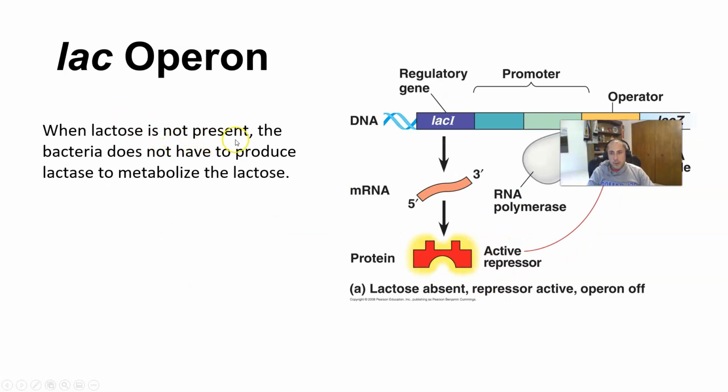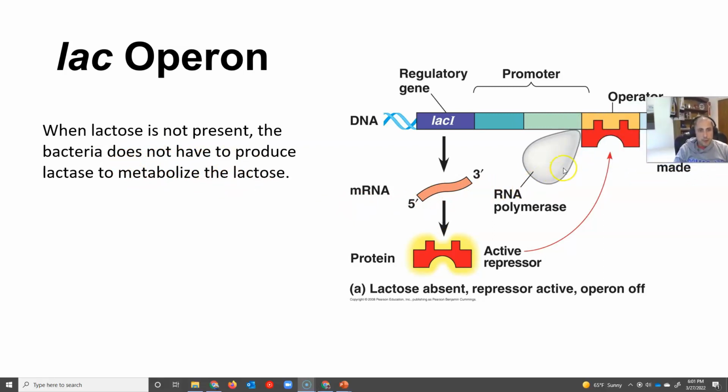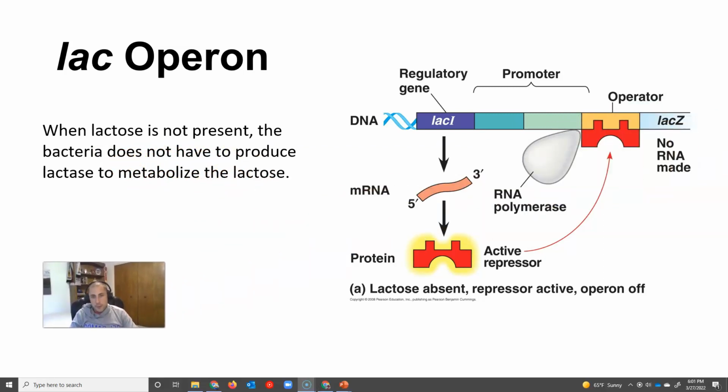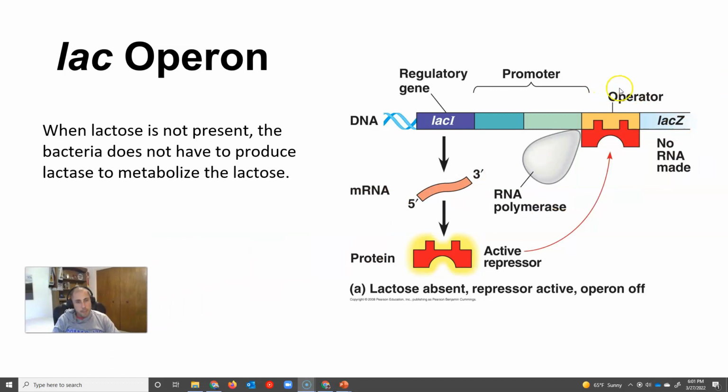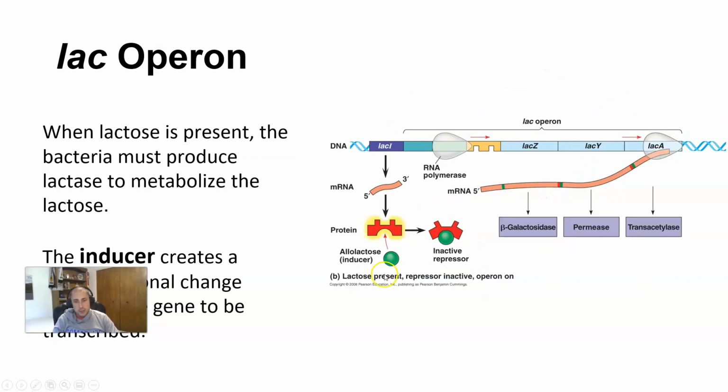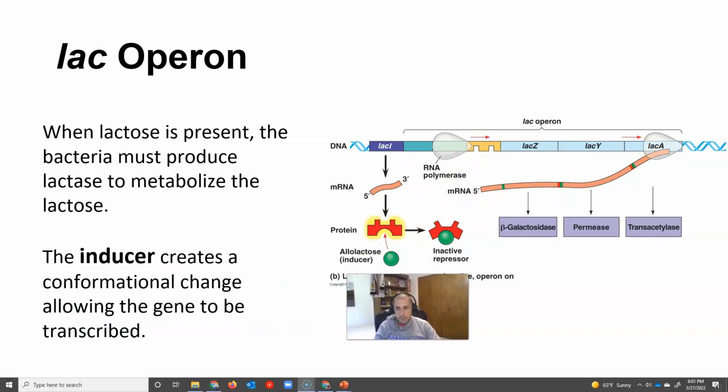When lactose is not present, the bacteria does not have to produce lactase to metabolize lactose. So we have this operator right here. It's plugged up by the repressor, and so transcription is not allowed to happen. But if we get lactose, the lactose makes its way in, there's a conformational change, the repressor comes out of the operator, and transcription is able to happen.